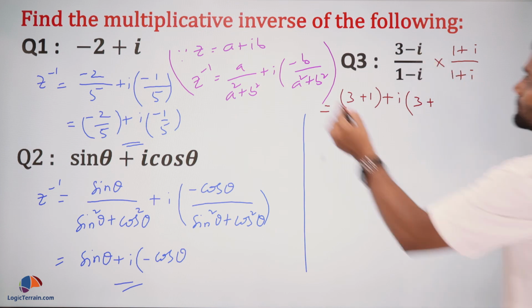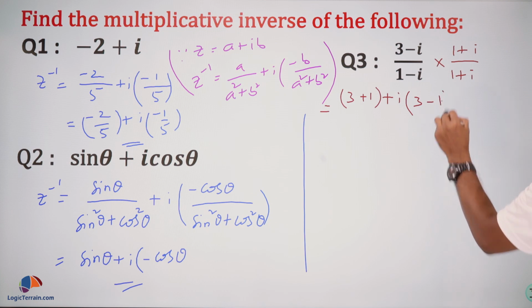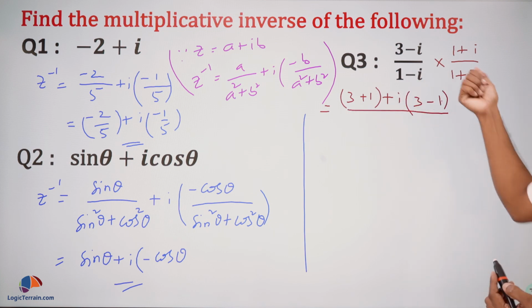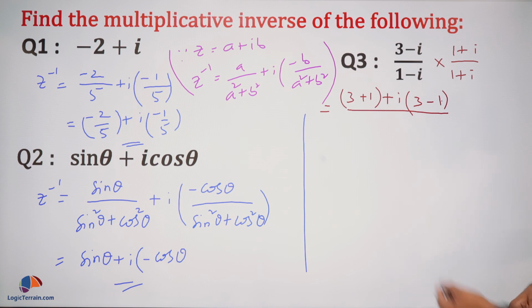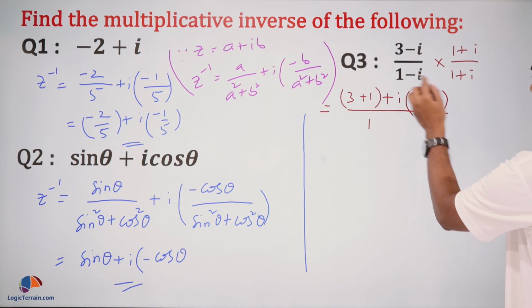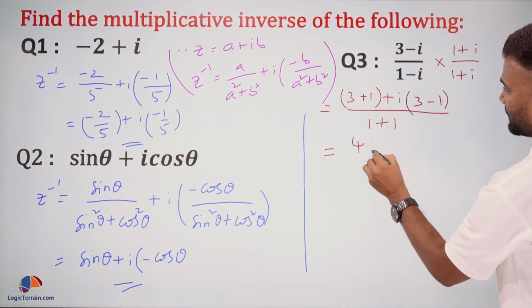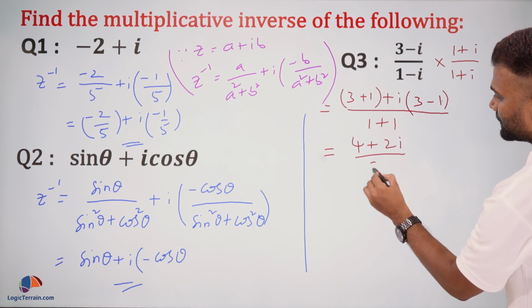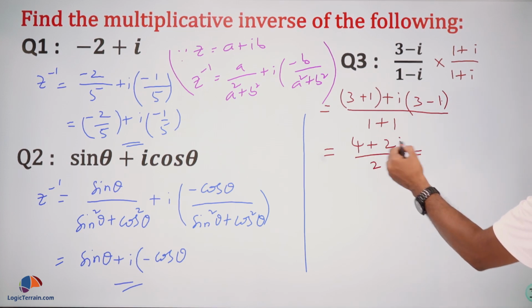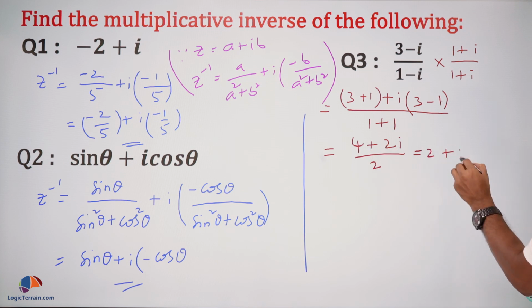Here it is negative, so we'll get negative. The denominator looks like a minus b into a plus b, so a square minus b square. So 1 square is 1, i square is negative 1, negative of negative is positive, and this becomes 4 plus 2i upon 2. Further, if you simplify this, 2 divides both the terms in the numerator, 4 by 2 is 2, and here i.